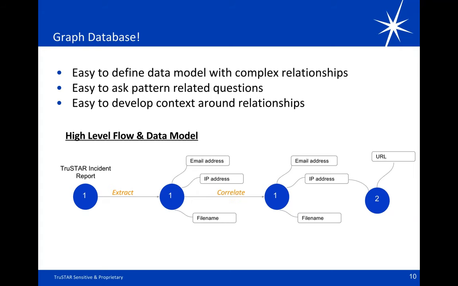Within our data model, we map the specific incident to our ontology. Our ontology right now is built on being able to link incident reports to these different observables and indicators. At a very high level, the next step is to correlate and see how these linkages connect with other reports within the TruSTAR system.